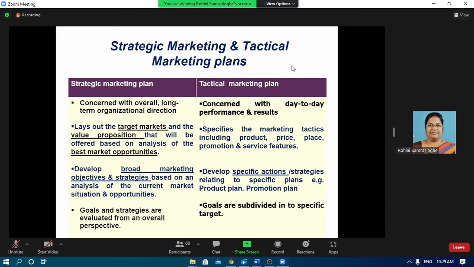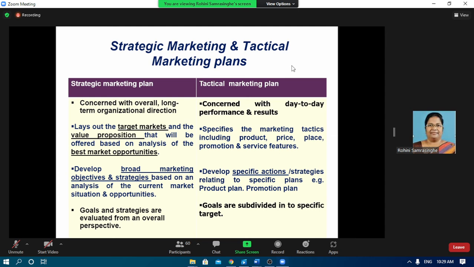That means first they try to identify the target market, connecting with the change in market opportunity, to deliver value to the customers, right? So that is the entire picture relating to the strategic marketing plan. They want to understand the best change in market opportunities with the target customers or the group of customers. Then their task is to develop value or the appropriate strategies to achieve company objectives, especially the marketing objectives.